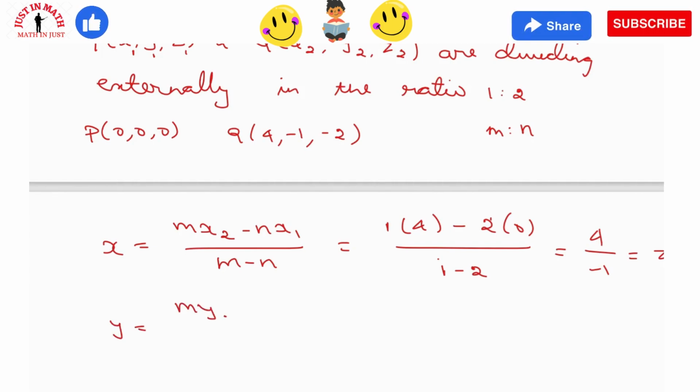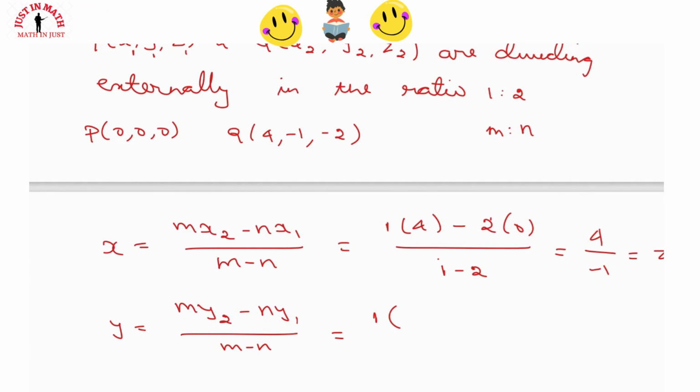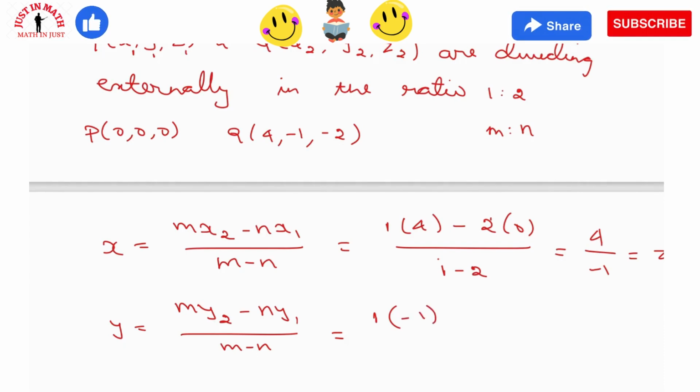So I'll get the answer 4 divided by minus 1, which is minus 4. Then y is equal to m y2 minus n y1 divided by m minus n. So m is 1, y2 is minus 1.